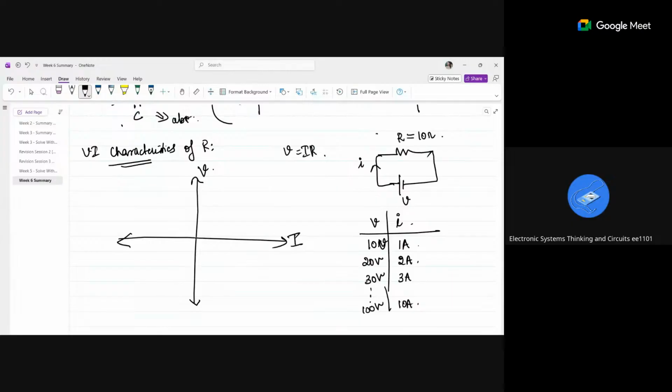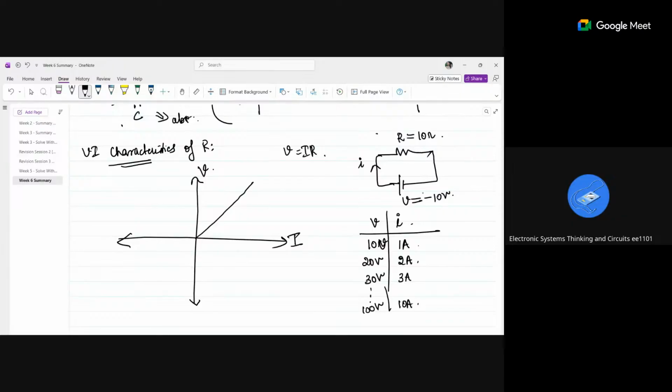So if I plot these values, I'll get a straight line, right? Yes, ma'am, with the slope of 10. Now if I am giving a voltage of minus 10 volts, what will be my current?